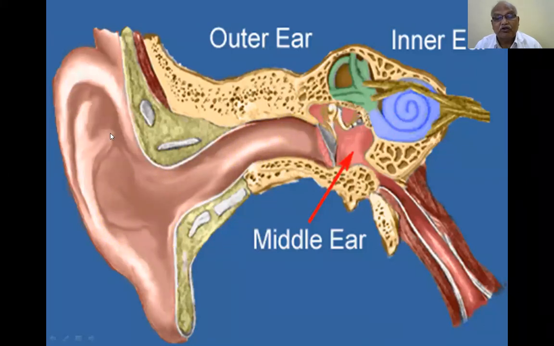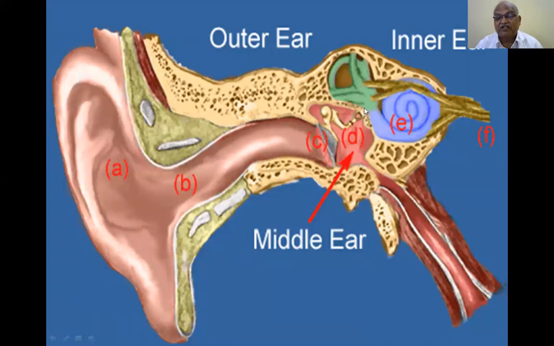How do the sound waves go? This is represented. This is the external ear, the pinna. The sound goes and touches the tympanic membrane. Then it touches the malleus, incus, and stapes. And again, this touches the vestibule.